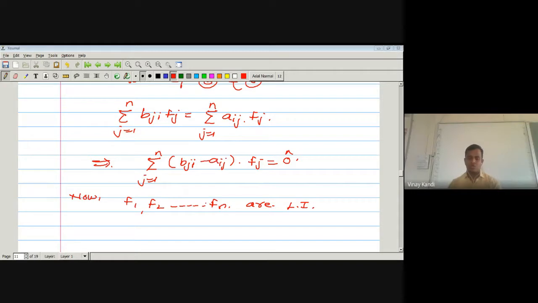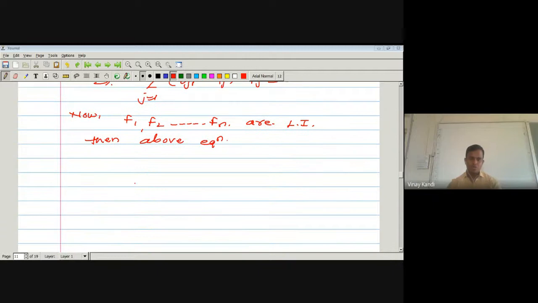Hence it is a linearly independent set. Then the above equation implies Bji minus Aij is equal to 0.